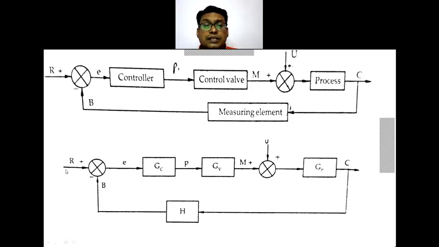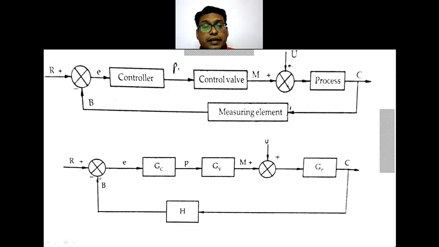So this is the set point R. Then I am going to measure either temperature, concentration or pressure. That is to be measured and its feedback is to be given to the comparator.